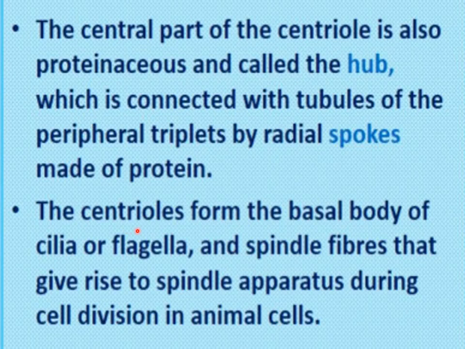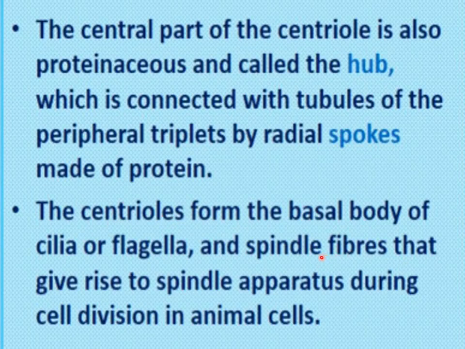So what is the function of centriole? It forms the basal body from which cilia and flagella are formed. You have studied about cilia and flagella, right? So the basal body for the formation of cilia and flagella arises from the centriole, and this centriole also makes spindle fibers.